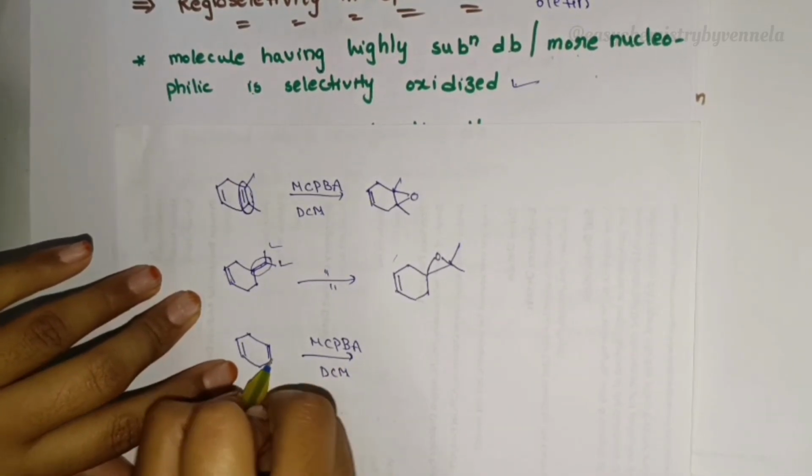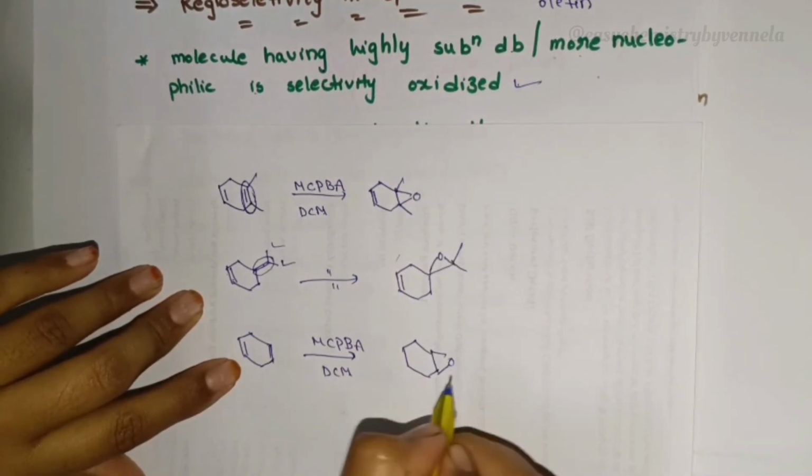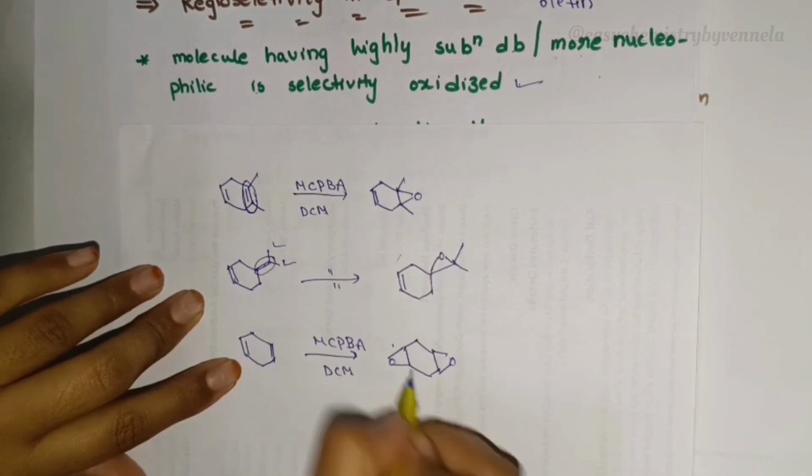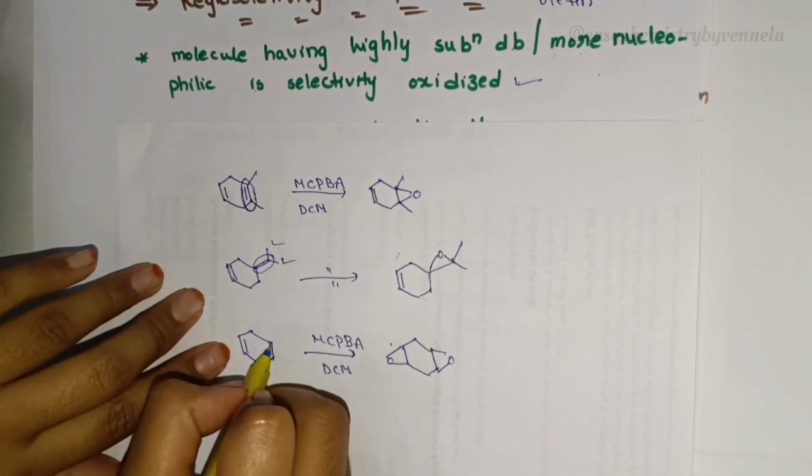If you see this type of example, epoxidation takes place on both sides, because there is no preferable more substituted double bond.